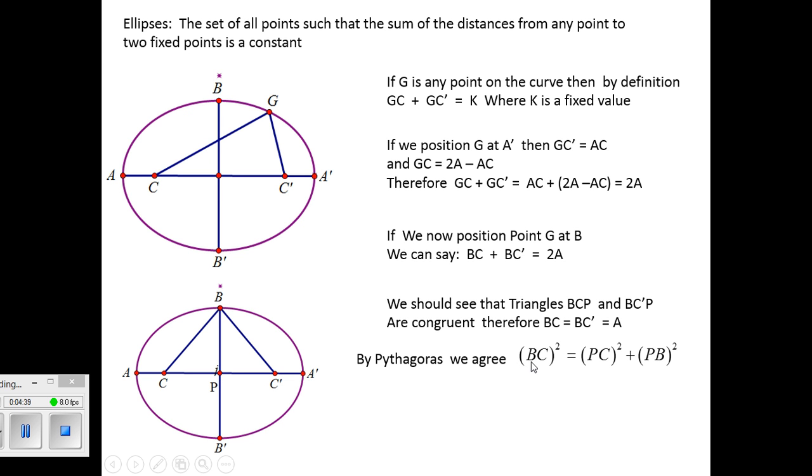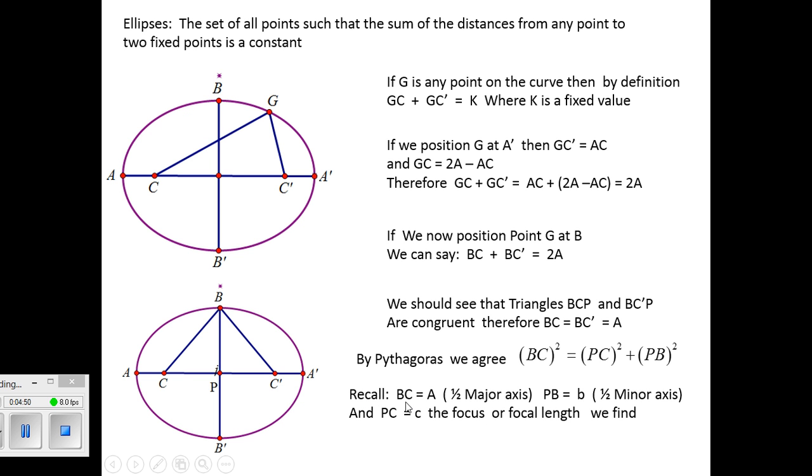And by Pythagoras, we agree that BC squared is equal to PC squared plus PB squared, as you can see right here. But recalling, BC is half the major axes, which I'm going to call my A, since my A values always help me define where my major axes are in my ellipse. PB is half my minor axes, calling that B, and C is the focal distance, that is the distance from the center of the ellipse to the focus on either side.